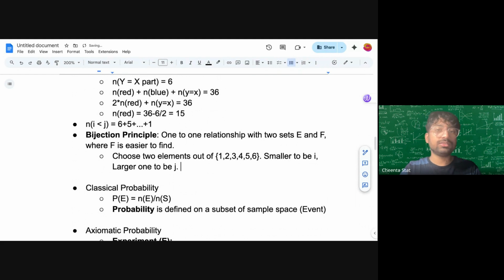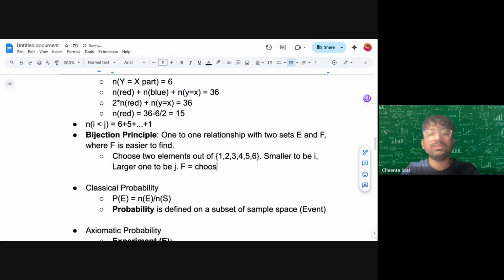Observe that if you do this, it will cover all possible i comma j pairs, right? So this is F. F is found by choosing.